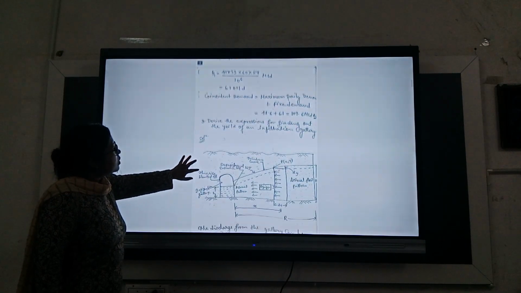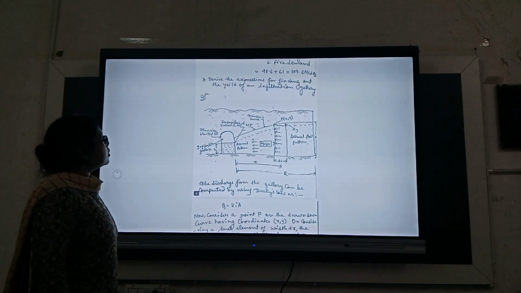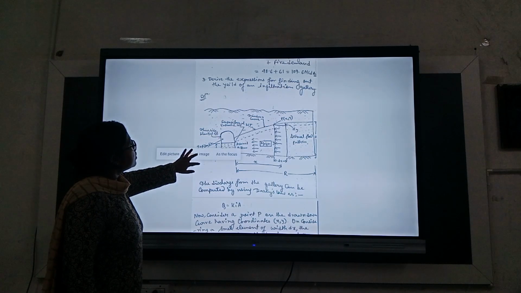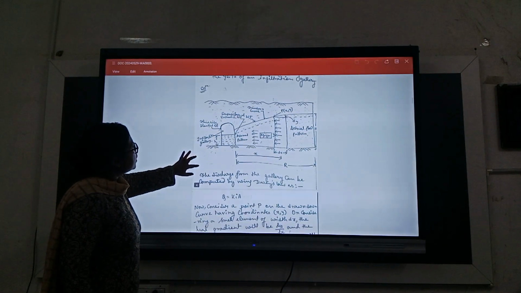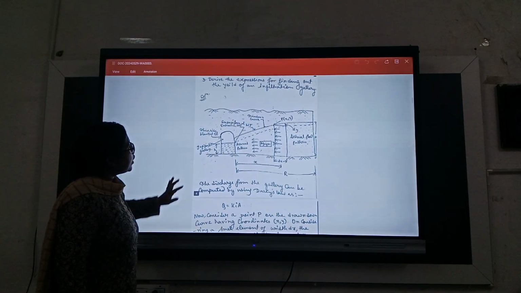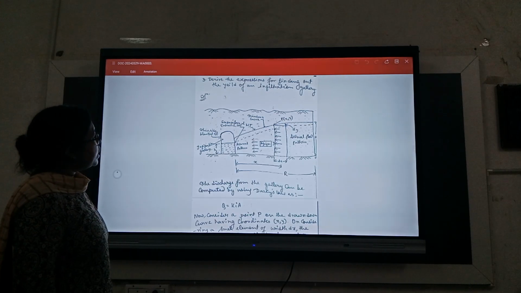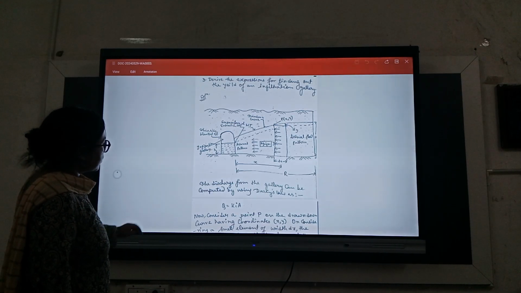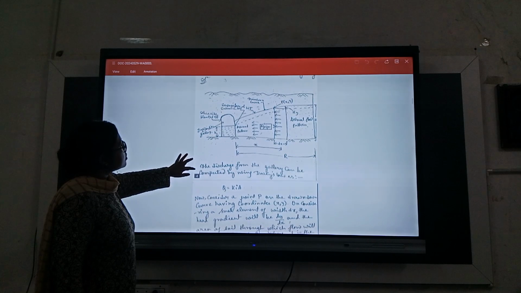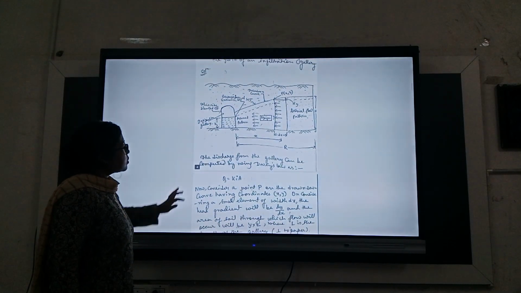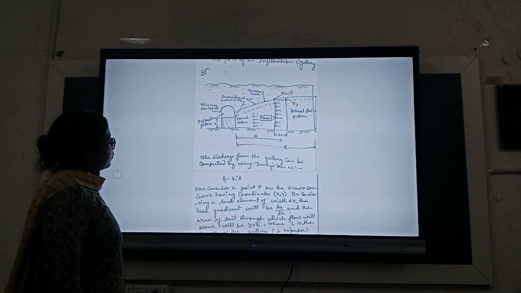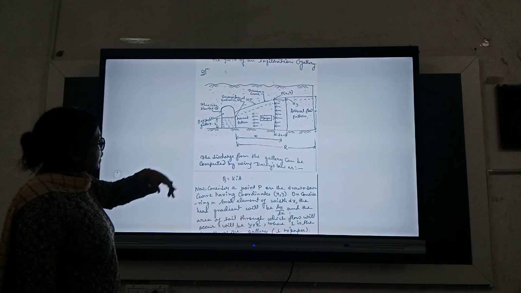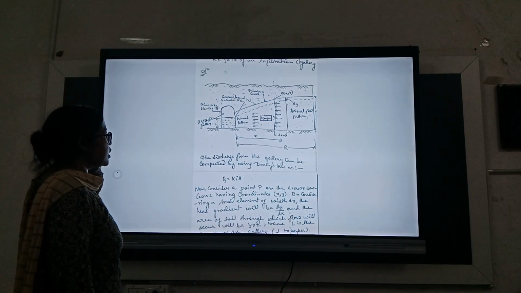Now question number 3. The next question is a derivation. Derive the expression for finding out the yield of an infiltration gallery. This is the figure. We have prepared a cross section of the infiltration gallery.